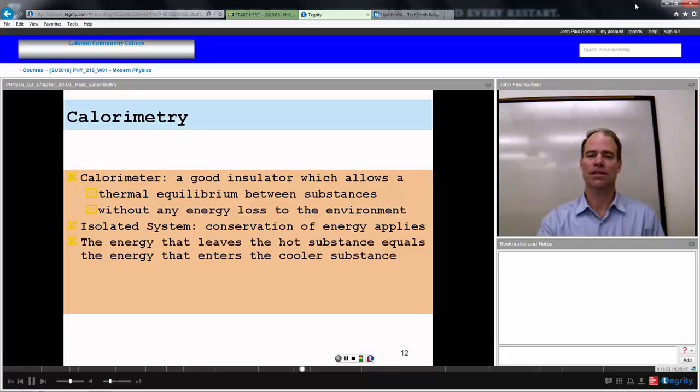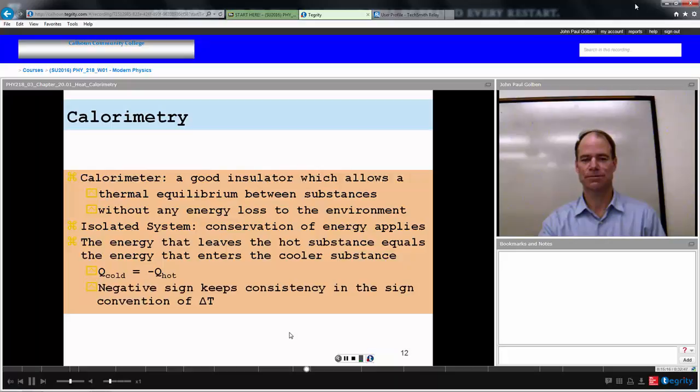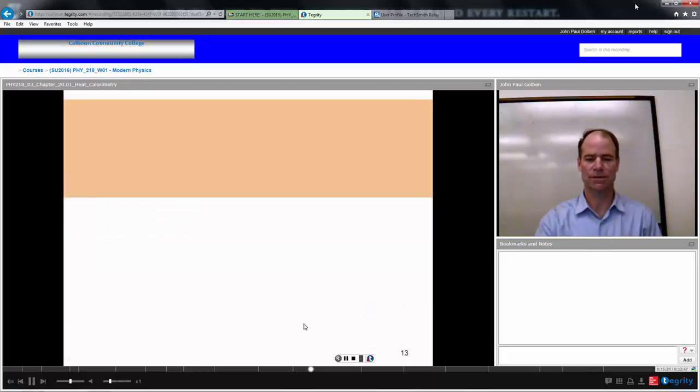So the energy that leaves a hot substance will equal the energy that enters the cooler substance. Energy going into the cold substance will be the negative of the energy that is leaving the hot substance. The negative sign keeps our consistency in the sign convention. We'll actually look at this in a more general way in a moment. Sign convention of our change in temperature.